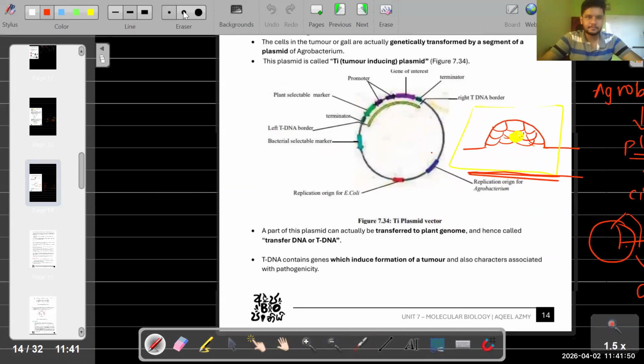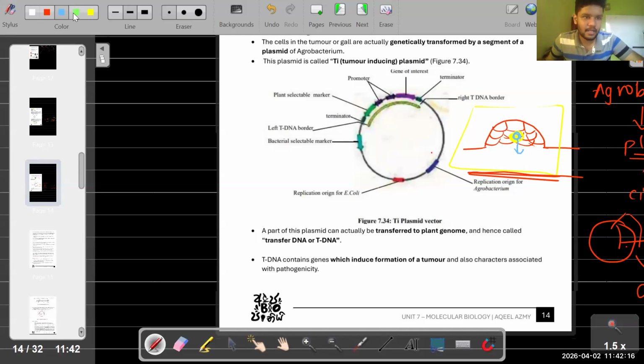Now think like this. The Agrobacterium is the yellow color one. Agrobacterium has a plasmid in it, right? I'll give a blue color. The blue color is the circular plasmid. A part of this plasmid can be genetically transferred to the plant genome, which means, see, this is the plant stem. The plant stem is a part of the plant, so it has the plant genome in it.